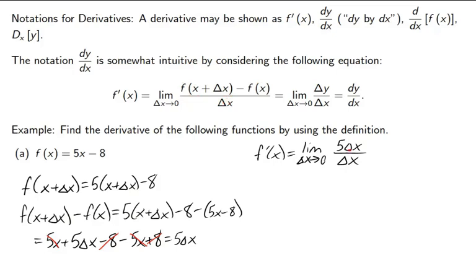Here's why you should always have delta x's, because they cancel out. So I get the limit as delta x approaches 0 of 5, which we know to be 5. This probably should not be a big surprise because that's the slope of the line. Remember, the derivative is the slope of the tangent line. So in particular, if it's already a line, the tangent lines all have the same slope. So we should not be surprised.